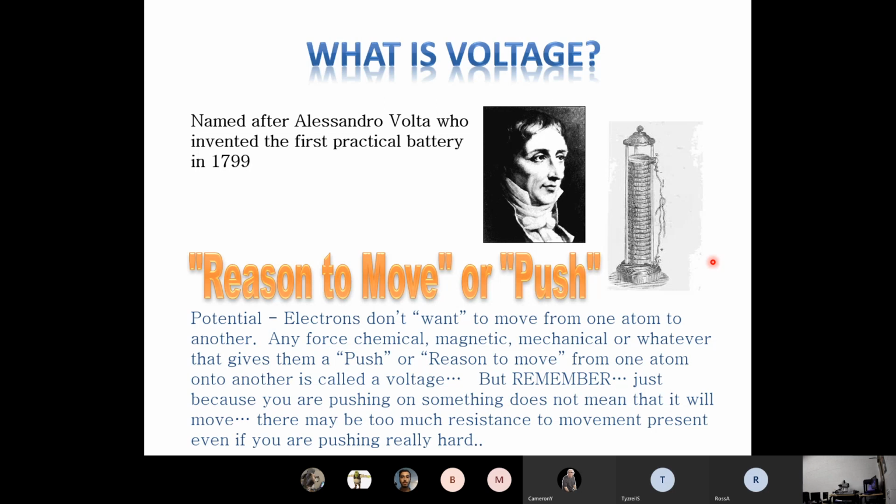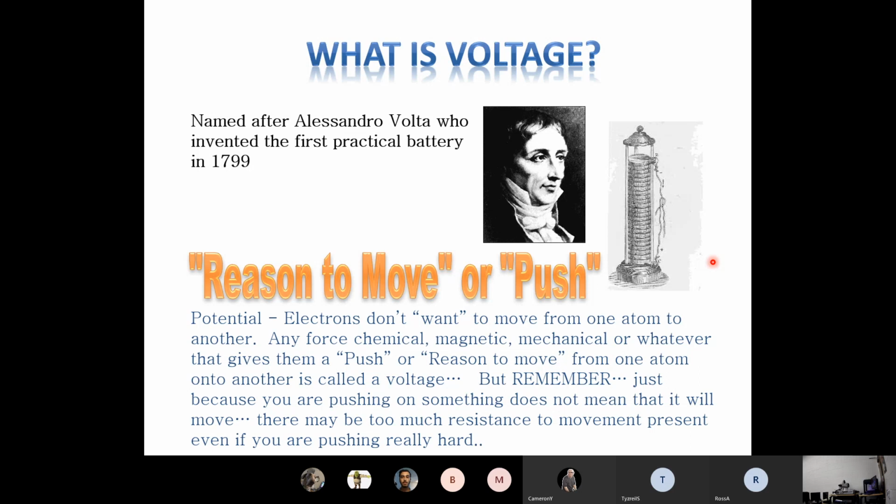What's that? How would you paraphrase that? Yeah. I would say, first of all, voltage can also be called potential, because you need to know that. And then I would say any push or any force that pushes electrons to move from one atom to another is voltage.